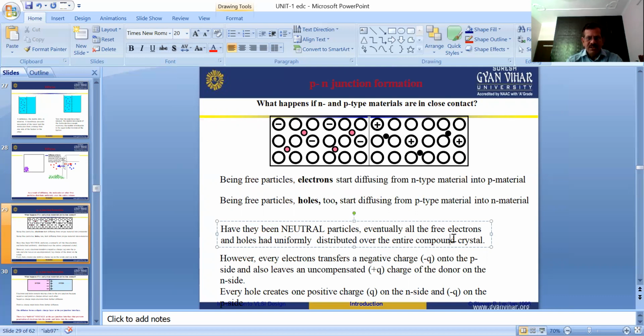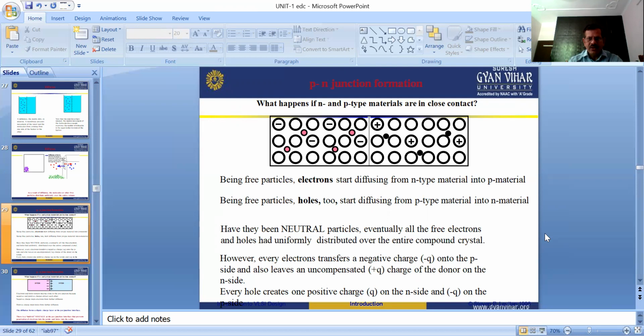Being free particles, holes start diffusing from P-type material into N-type material. Had they been neutral particles, eventually all the free electrons and holes would have been uniformly distributed over the entire compound crystal.